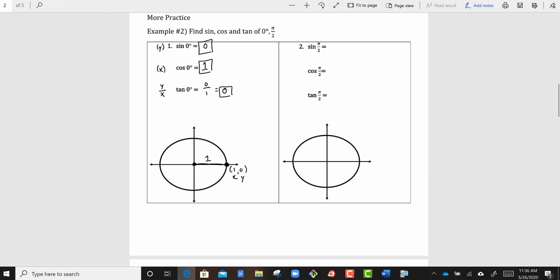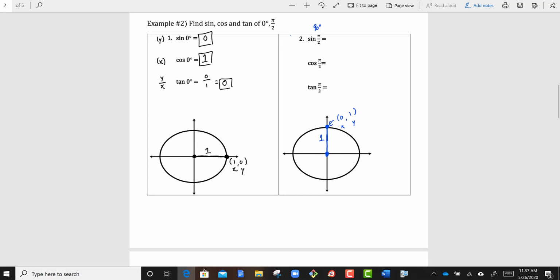Pi over 2, which we know, of course, is equivalent to 90 degrees. So we're talking about right here, straight up 1 unit from the origin. That means we know the coordinates for this point are x is 0 and y is 1. Basically, we go through the same process.